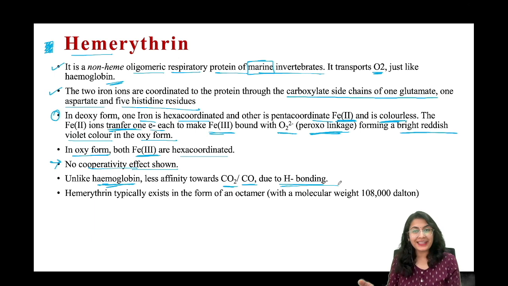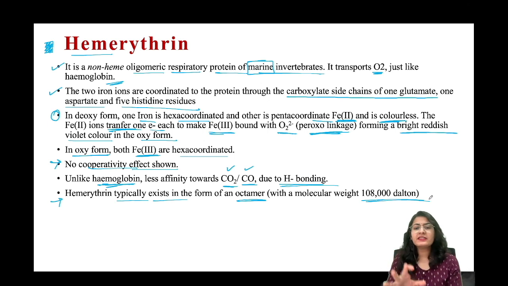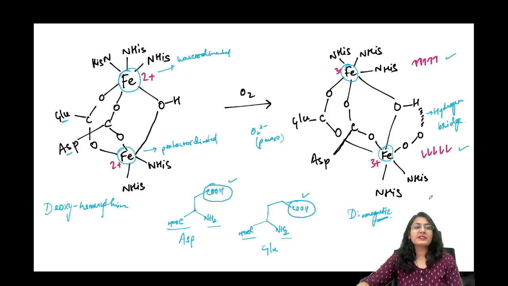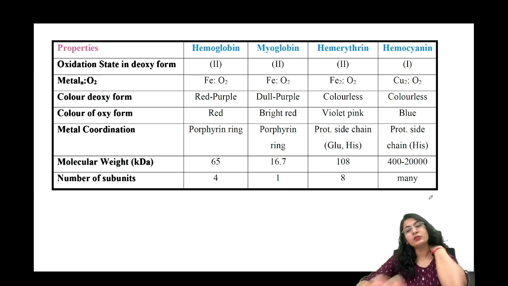It's very simple, and there is no affinity for both of these poisonous gases also. Hemerythrin typically exists in the form of an octamer with a molecular weight this much. Exists in the form of an octamer, matlab ki 8 units are going to stay combined, of hemerythrin. So this is it about the hemerythrin, and now we will do some comparison.